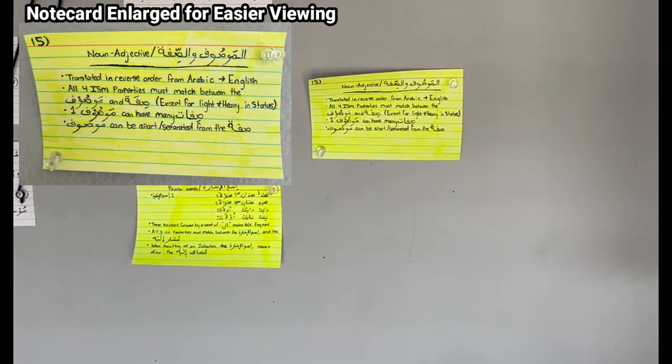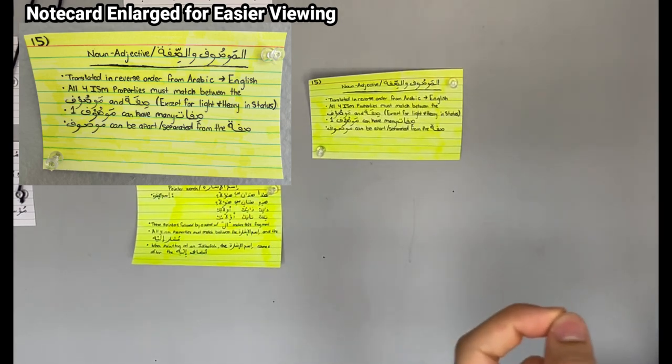All 4 of the ism properties, what are the 4 ism properties? Status, number, gender, type. They must match between the mawsuf and the sifa. So kitab, let's look at all the 4 properties. What's the status? I didn't put a status on it. Let me say kitabun. Kitabun is rafa because it ends with un. So that's the status.